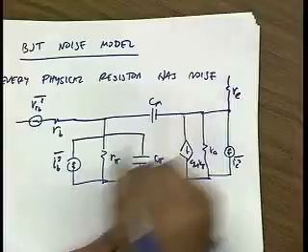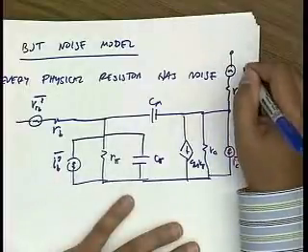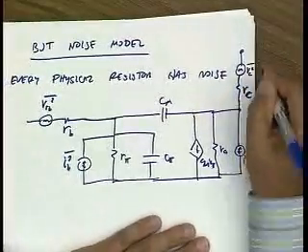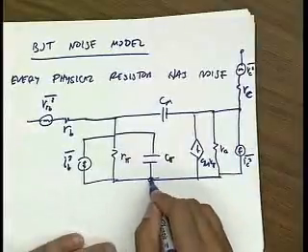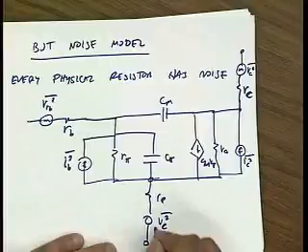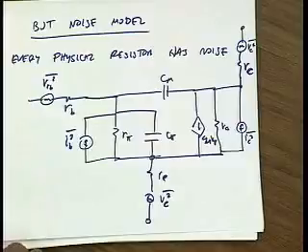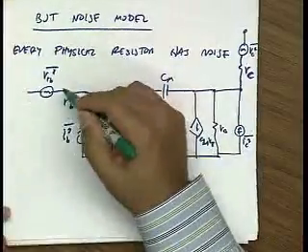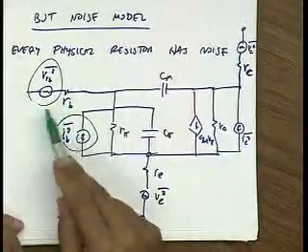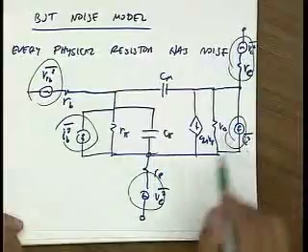And I have a physical collector resistance. That generates noise. And finally, I have an emitter resistance, and likewise, that generates noise. Okay? So the physical noise sources in a transistor are the base current, the base resistance, the emitter resistance, the collector resistance, and the collector shot noise.